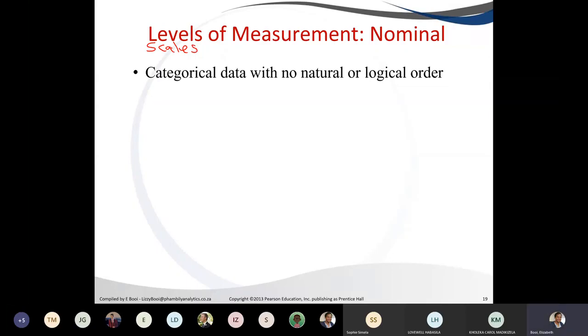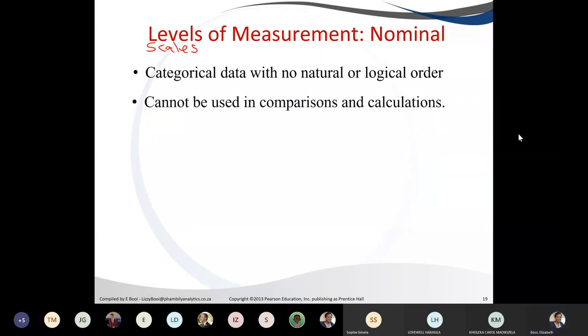So for categorical data, we have two levels of measurement: nominal and ordinal. A nominal variable can be placed into categories, but it does not have a logical order or rank. And you cannot use it for calculations of the median, the standard deviation, and so forth.